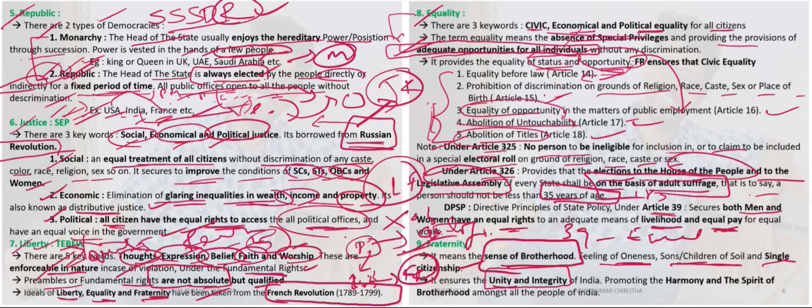India is not an agreement of states, it is a union of states, which means states cannot secede from the union. So it gives the feeling of oneness and of single citizenship of the country, promoting harmony and the spirit of brotherhood among all the people.